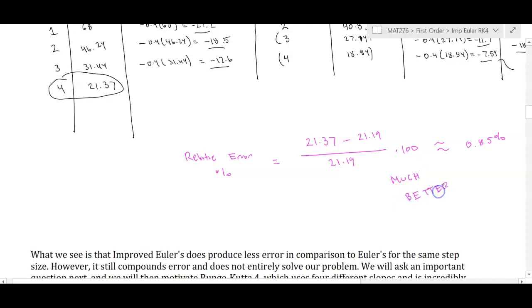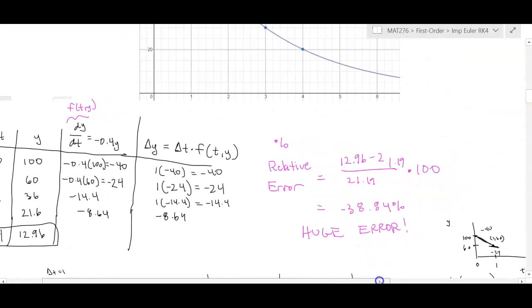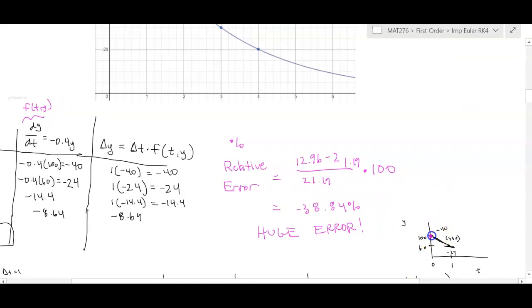That's a much better estimate, and that's why this is called improved Euler's method. It is better as an estimating machine than standard Euler's method because it utilizes, once again, if we look at this little picture I try to draw here, we calculate a slope at our current point. That's our K1 slope. Then we use that K1 to get the next point at the next unit of time.